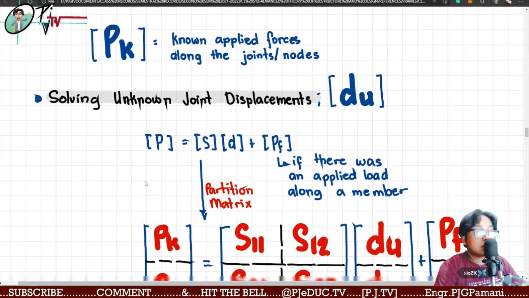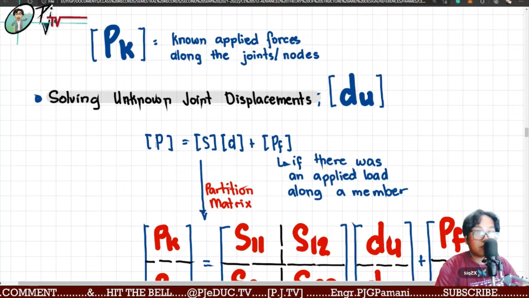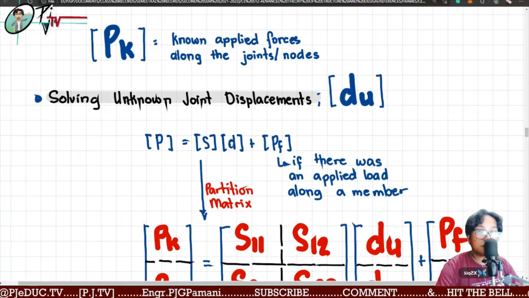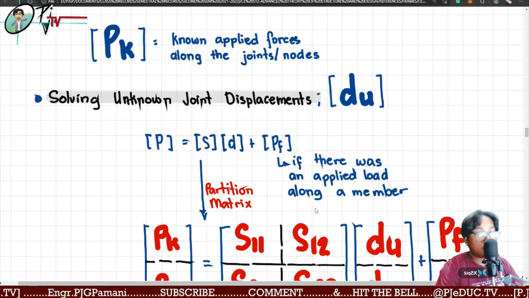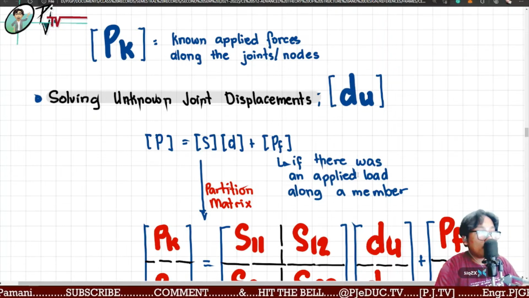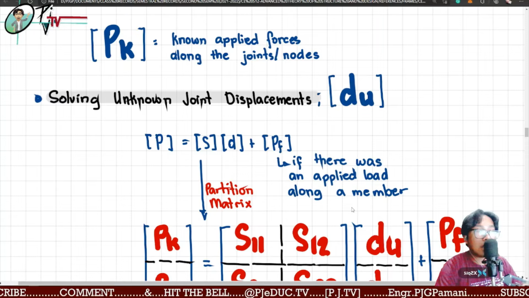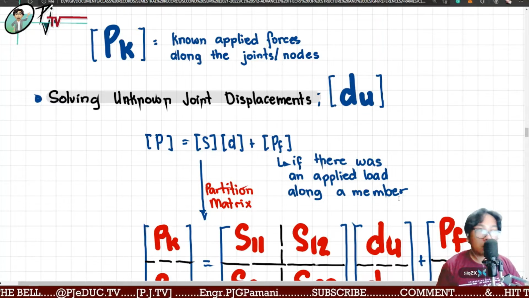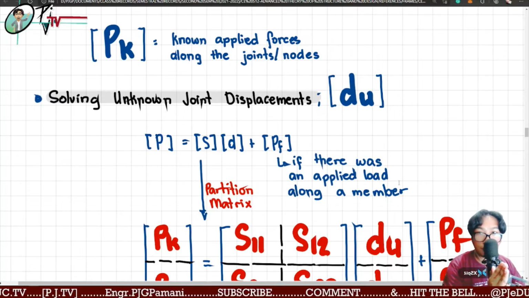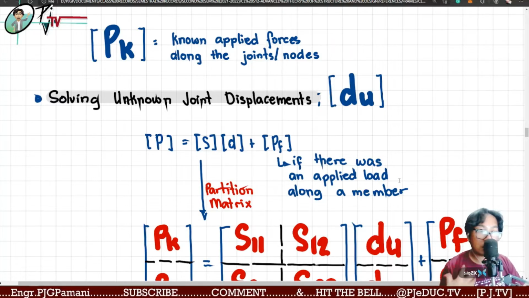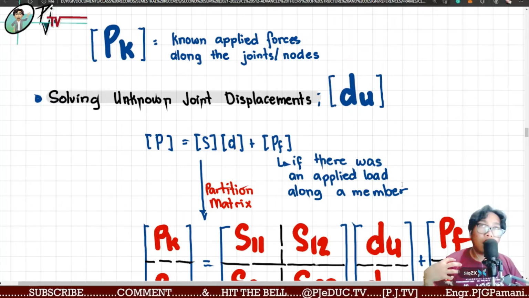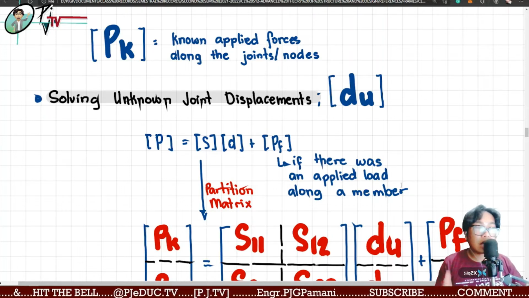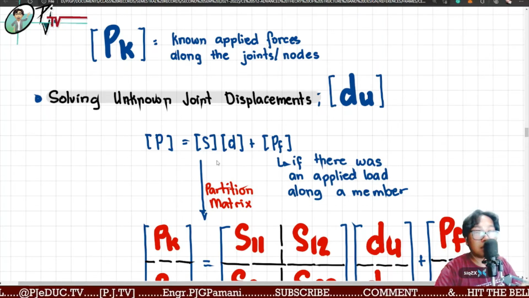That is basically your structure matrix: the forces equal now to the structure matrix times the displacement plus PF. Take note of this, PF, if there was an applied load along a member. Kung yung entire frame mo ay walang member load, tanggalin natin yung PF. Remember, kung yung entire frame does not carry, or the problem does not have any member loads, tanggalin natin yung PF. Pero kung meron, lagay natin yung PF.